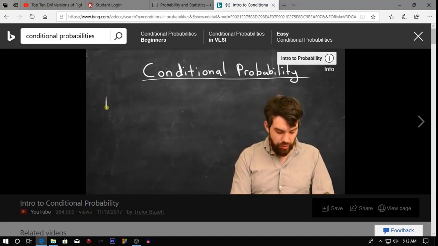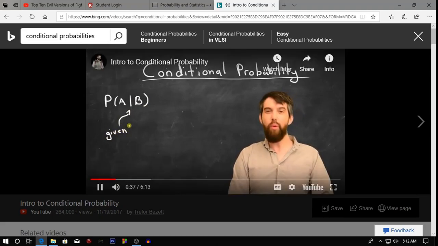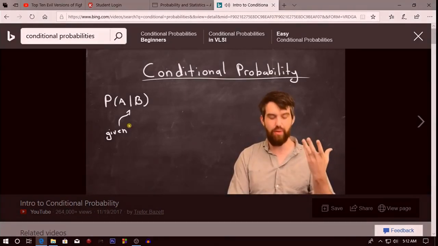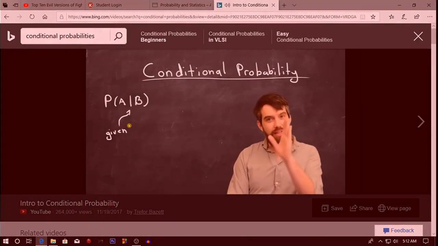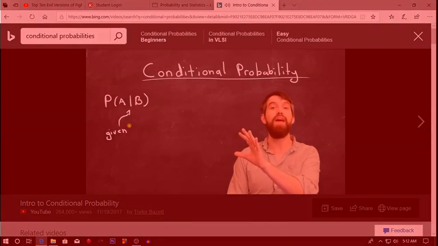We're going to refer to the probability of A given B. This vertical bar is read off as "given." It means the probability of event A, the thing I'm investigating, given that I know that event B has occurred.